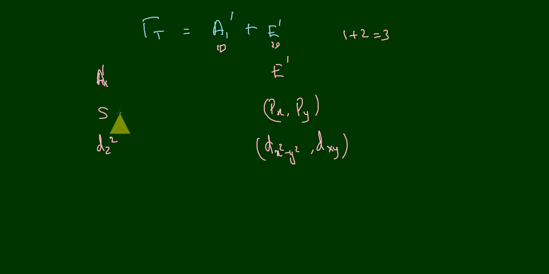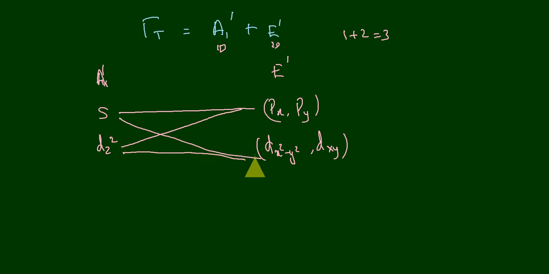Okay, so these are the two possibilities between s and px py, and then between s and dx² − y². And then if it is dz², then the dz² can be with px and py, and dz² can be with dx² − y², dxy also.